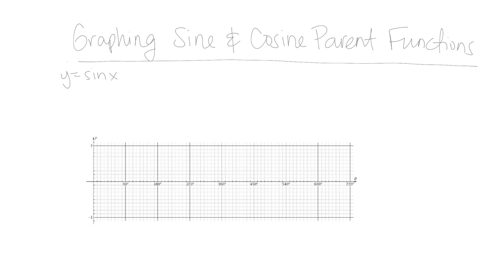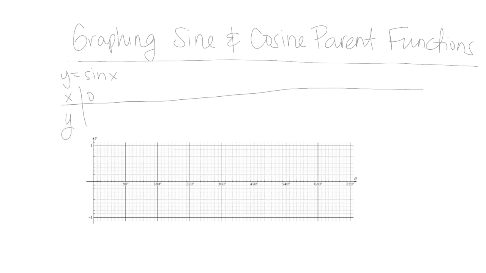Now if you go back to like 6th grade, when you really don't know much about what the graph of a function looks like, you would start off by making a table. So we're going to make the table using the unit circle. We're going to make as big of a table as we can. Here's the x, here's the y. And I'm going to use for x values in degrees the angles that are on the unit circle.